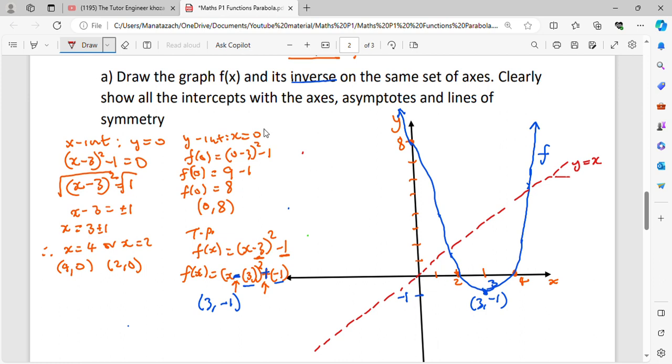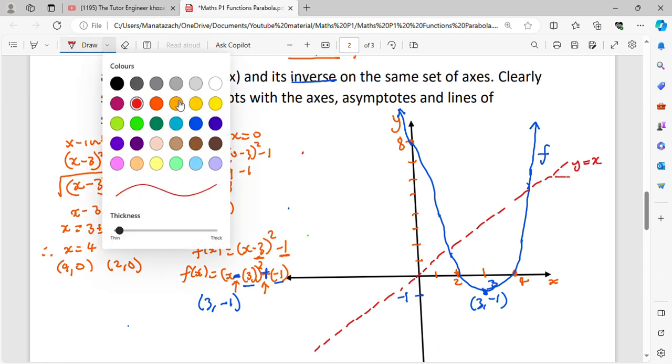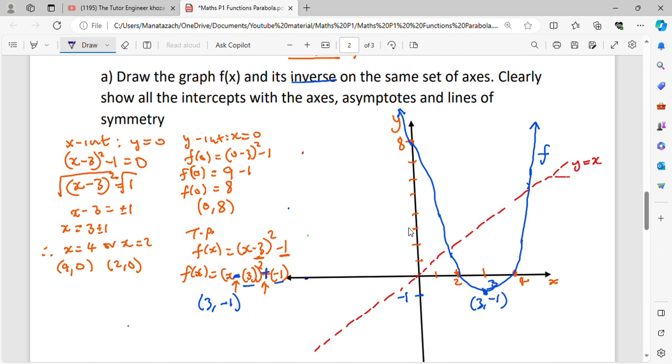Let's choose the color purple for the inverse. What do I mean by swapping everything around? Since you have x-intercepts 2 and 4, those will become your new y-intercepts for your inverse graph.